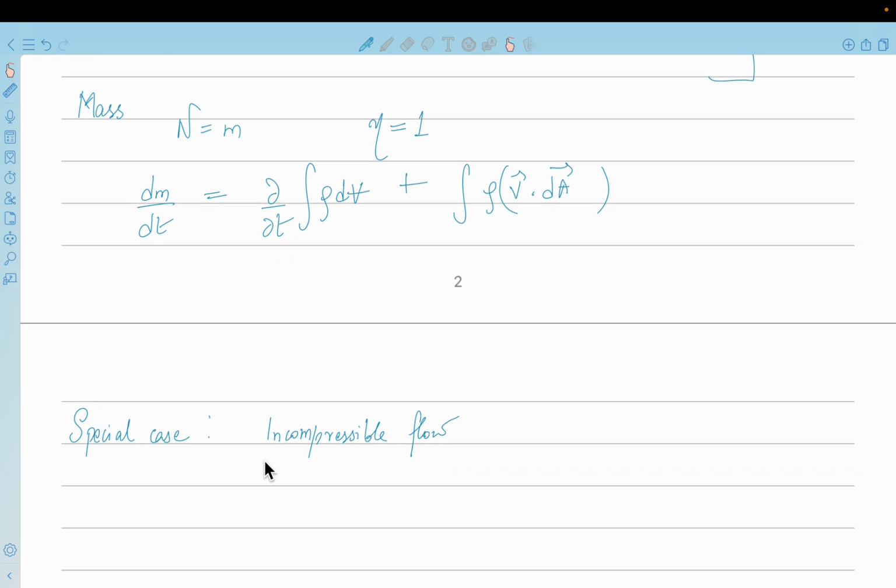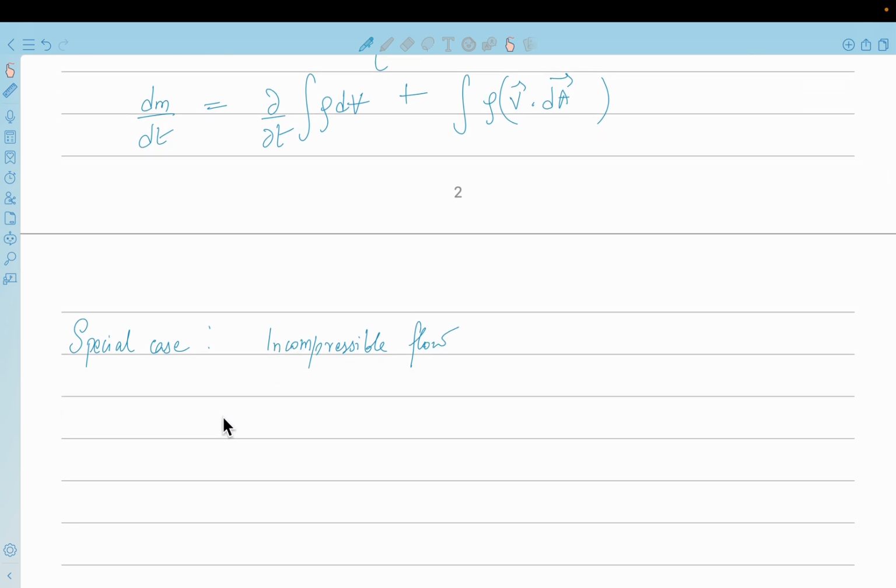So let me write, let's say, for our continuity equation, if I take density out, we have ∂/∂t of the integral of the volume, plus again density is just a constant, so I can do this, V dot dA, and this is equal to dm/dt. What else can I say about this?